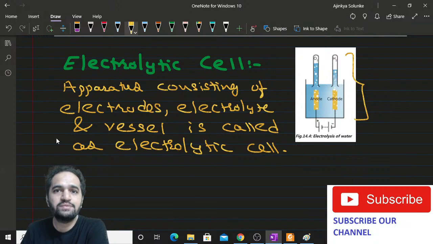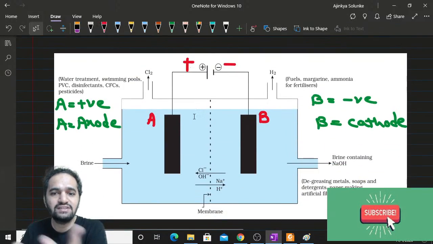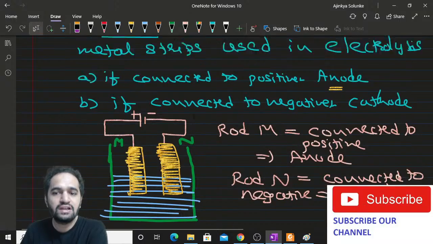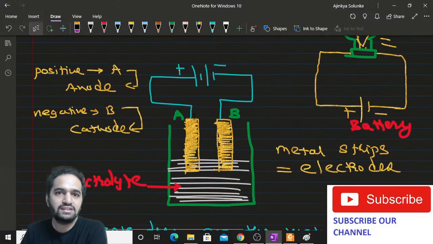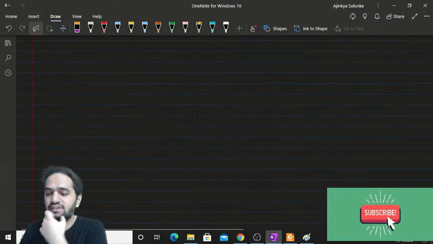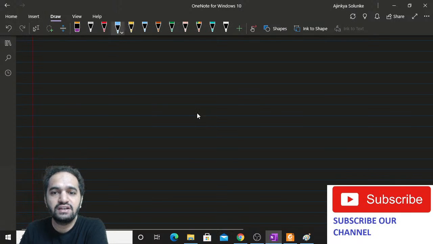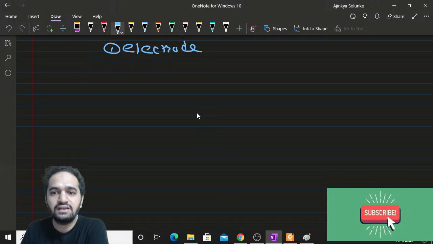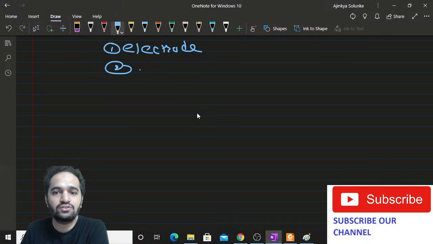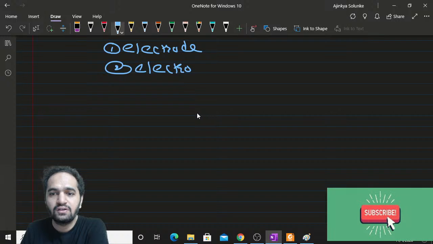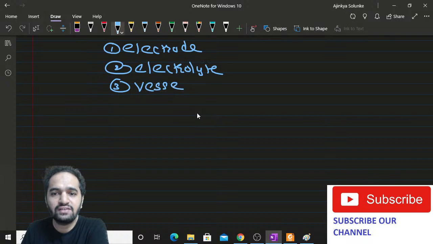So the whole arrangement is called an electrolytic cell. This is an electrolytic cell, this is also an electrolytic cell. It consists of only three things. The first is electrode. The next is electrolyte. And the next is the vessel in which we have carried out our reaction.